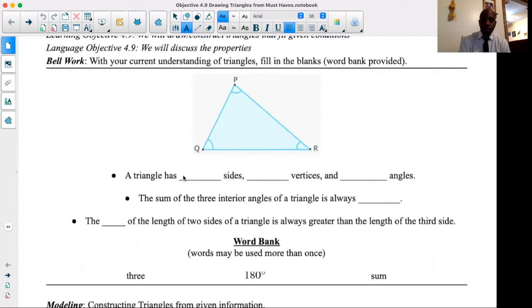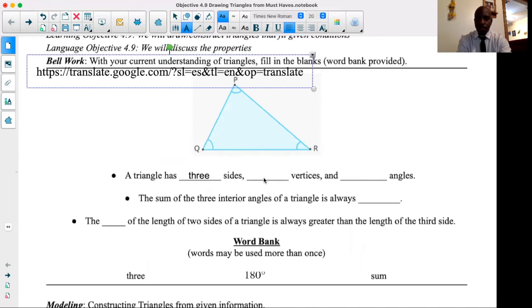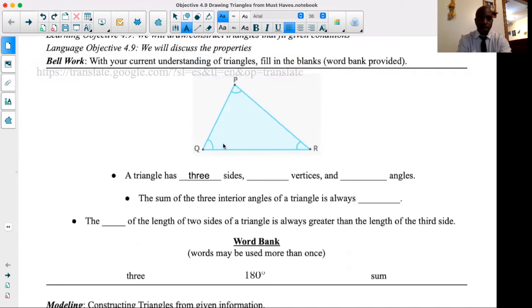First and foremost, a triangle has to have three sides. Okay. Three sides.